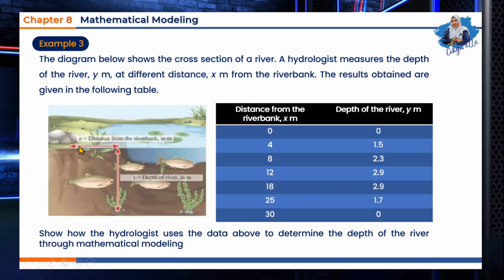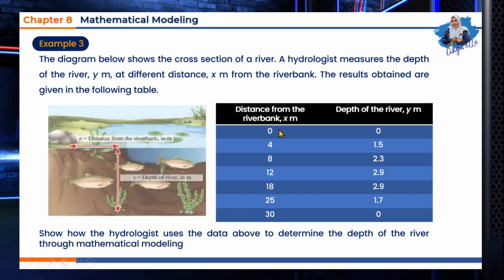The distance from the river bank is represented by x meter. The results obtained are given in the following table. This is the example given.